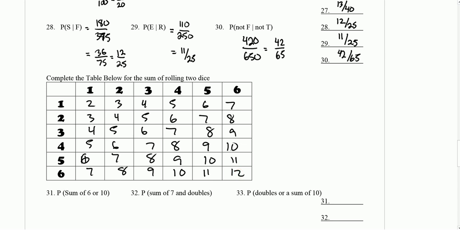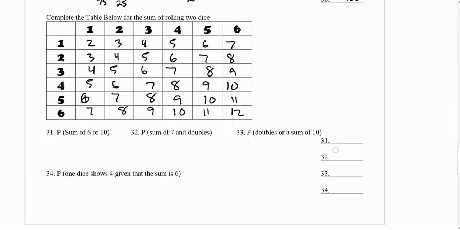All right, and then 31, we're finding the probability that we get a sum of 6 or 10. So we just need to count up how many 6s we have and how many 10s we have.